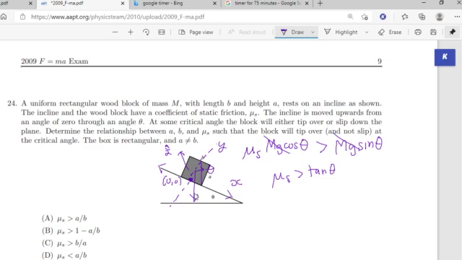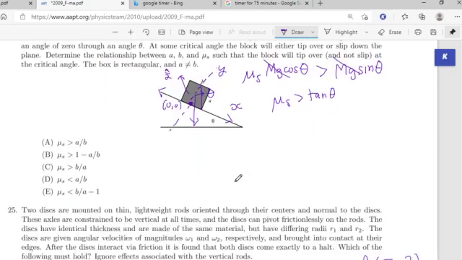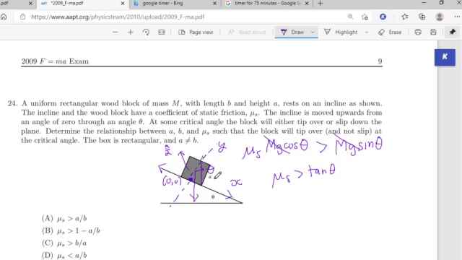Okay, so if it tips over, we know that the gravitational force has to be to the right of the center of mass, right. Okay, yeah, I don't think I'll be able to solve this one. I sort of know what method to use, but I don't know the exact steps.